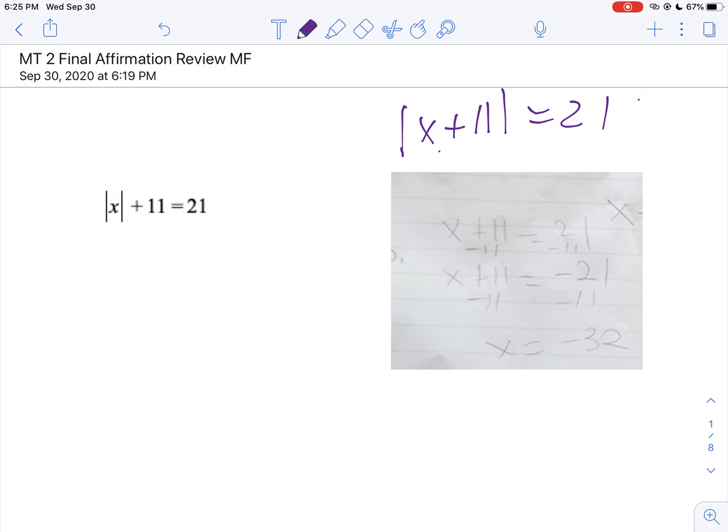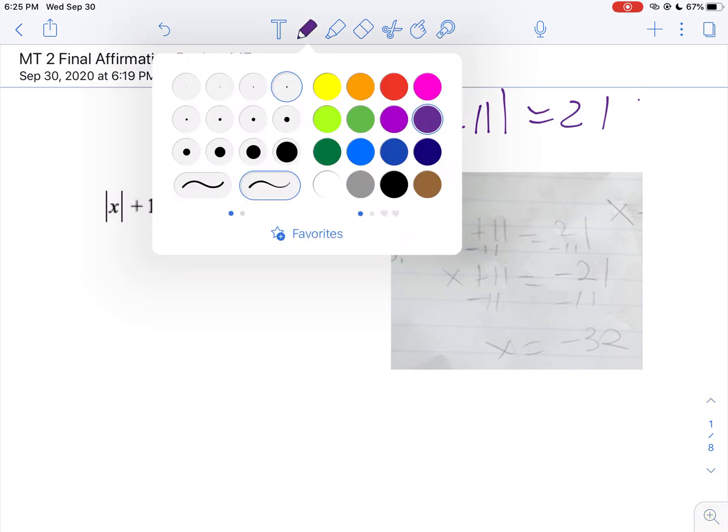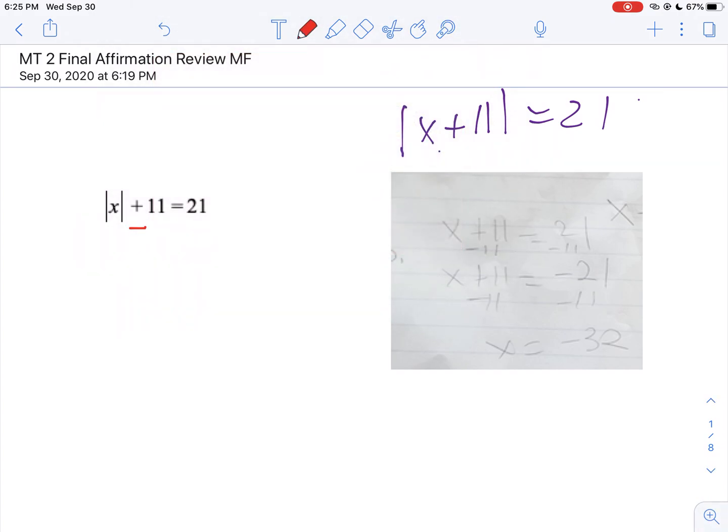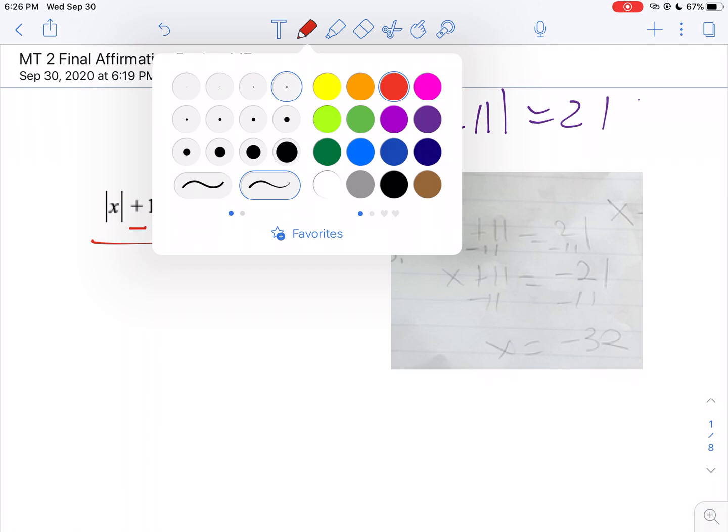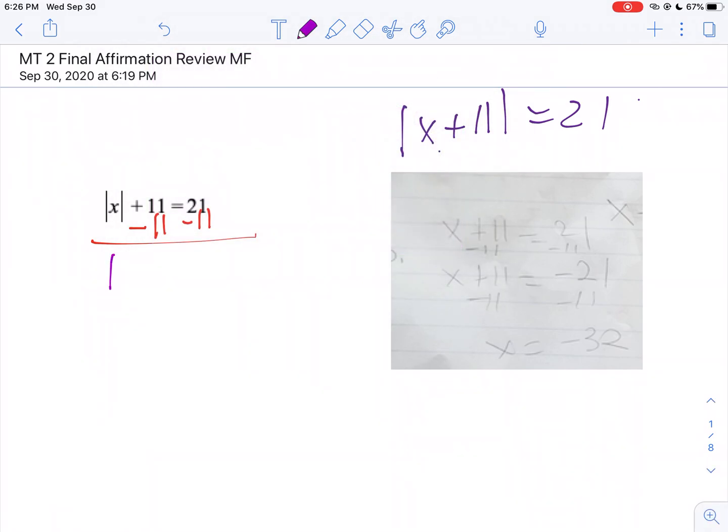So what we want to do is subtract 11 first, because it's not inside the absolute value, to get the absolute value by itself. So you bring down the absolute value of x, and the 11's cancel, and you get 21 minus 11 is 10.